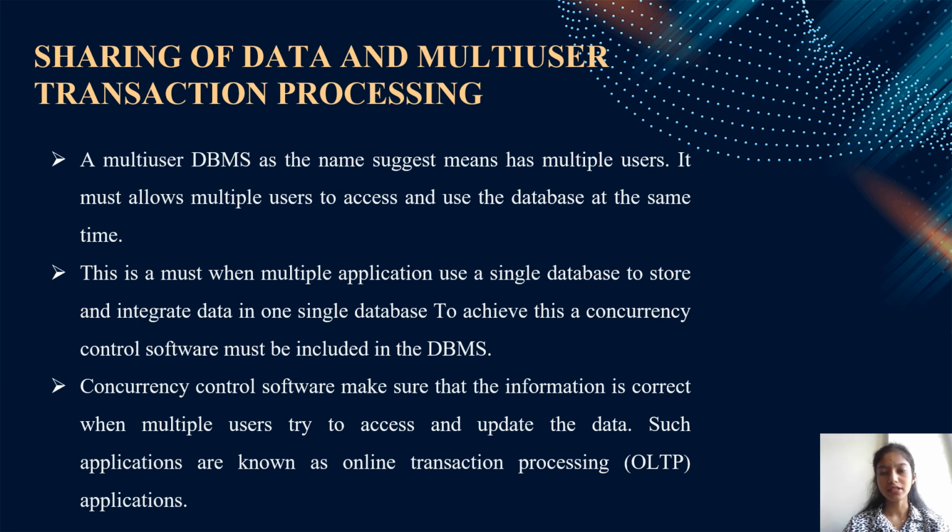To achieve this, concurrency control software must be included in the DBMS. Concurrency control software makes sure that the information is correct when multiple users try to access and update the data. Such applications are known as Online Transaction Processing applications (OLTP).